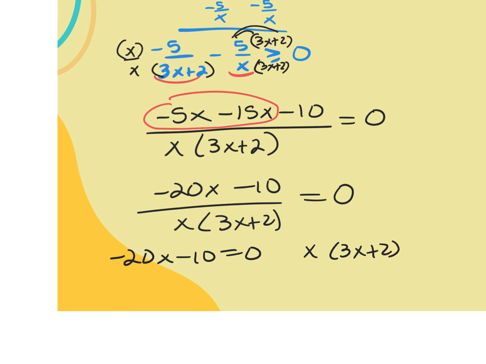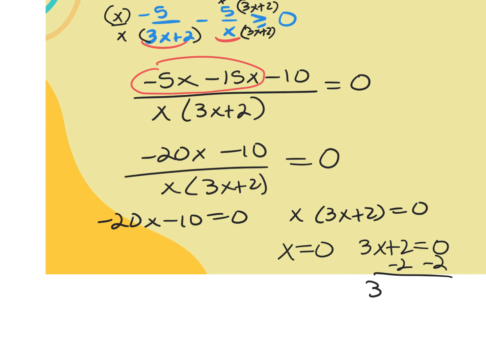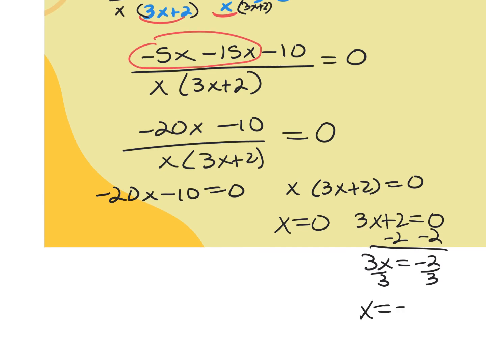By not distributing the denominator, this is already going to go to my answer, because I'm going to set x equal to 0 and then 3x plus 2, the two factors. I can go ahead and do this one, then I'll go back and do the numerator. 3x equals -2, divide by 3, and x equals -2/3.